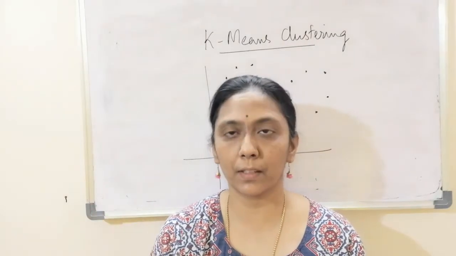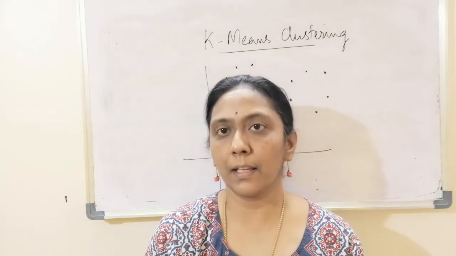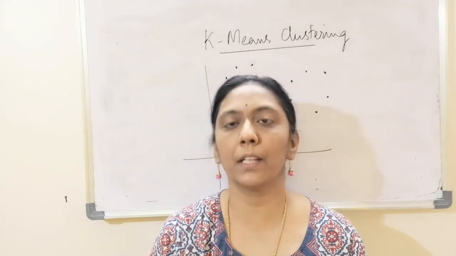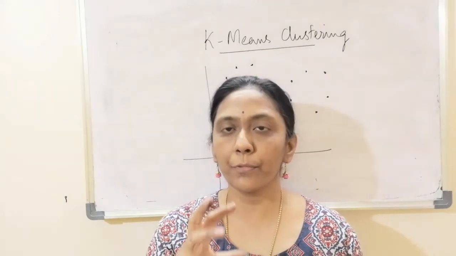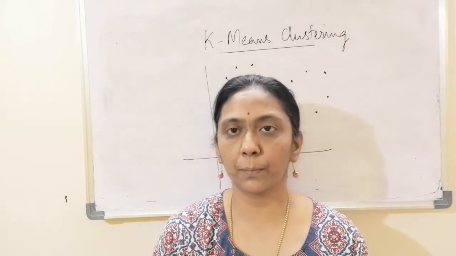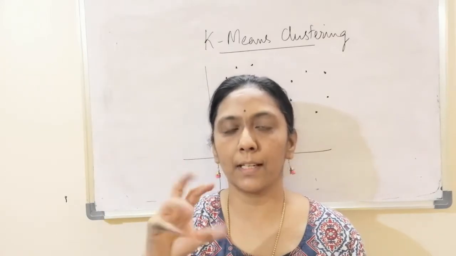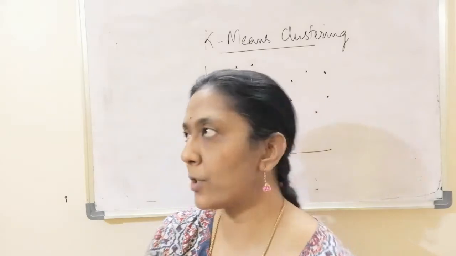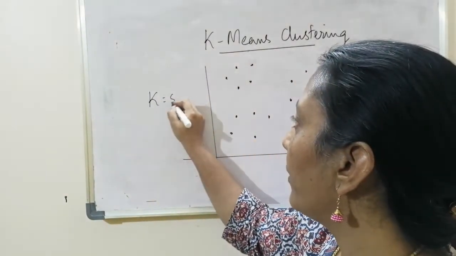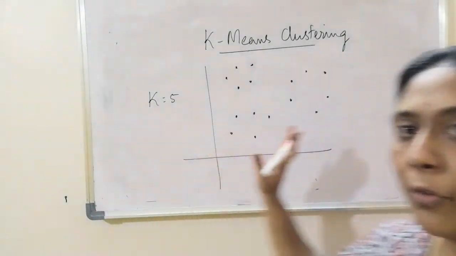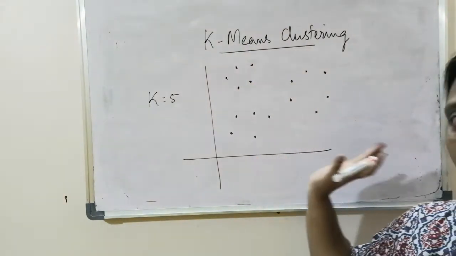If the value of k is 5, then it means that I'm going to form 5 clusters out of the given population. Now how to form these clusters? Imagine that the value of k is 5 now. So I'm going to form 5 clusters out of this population.